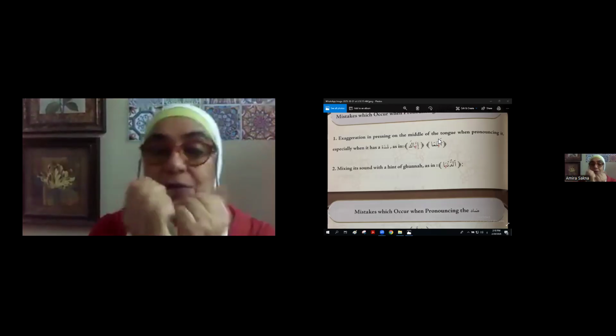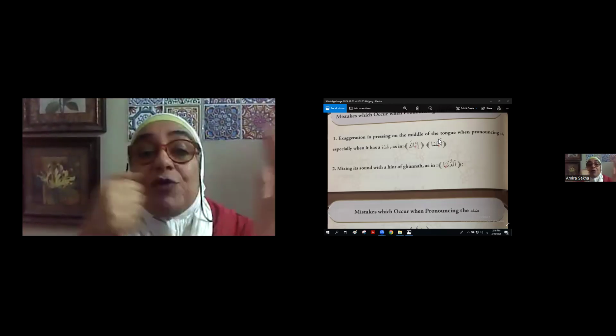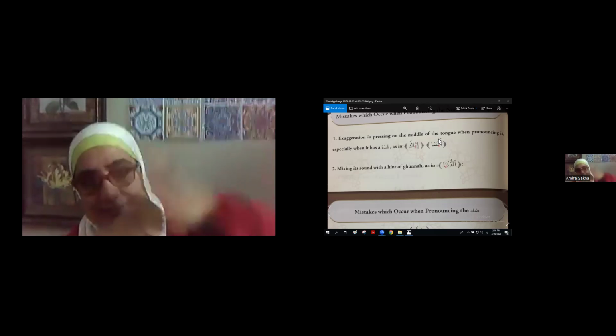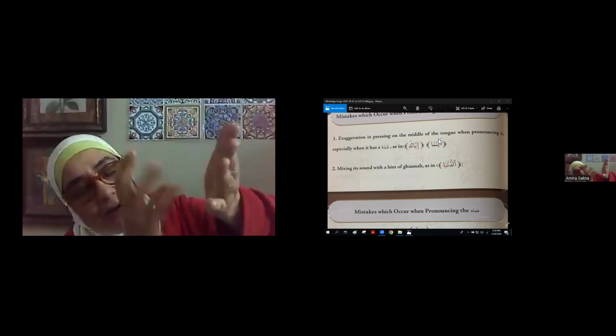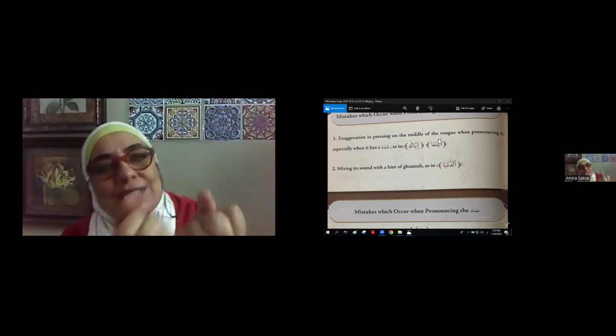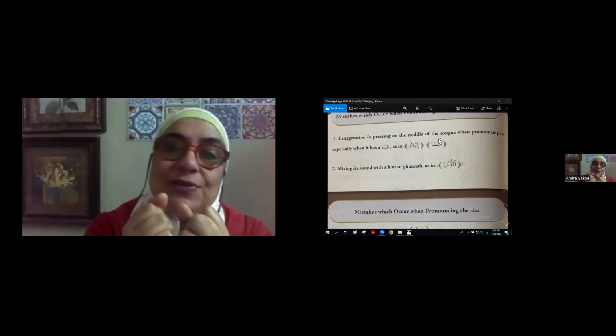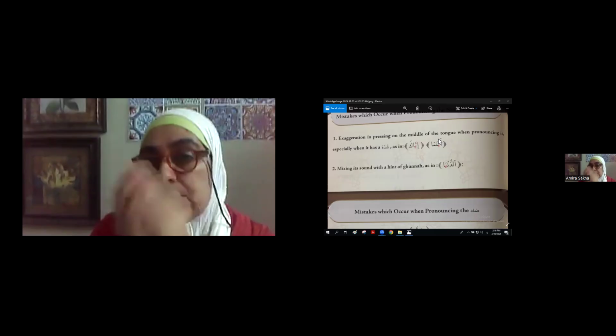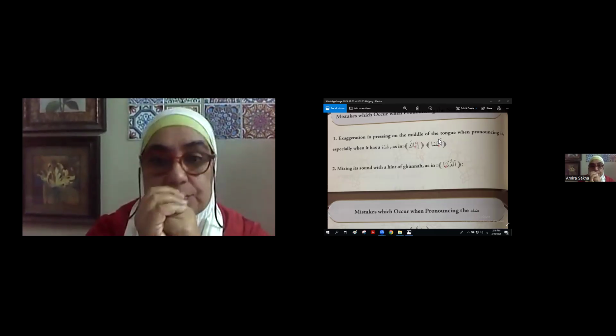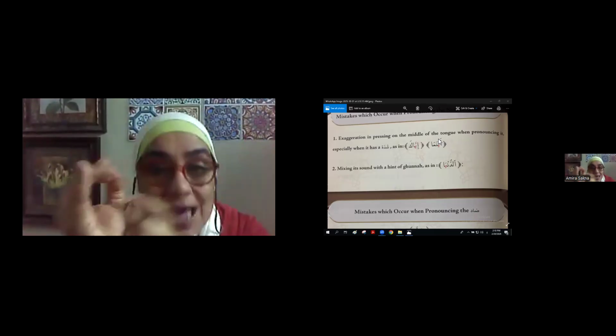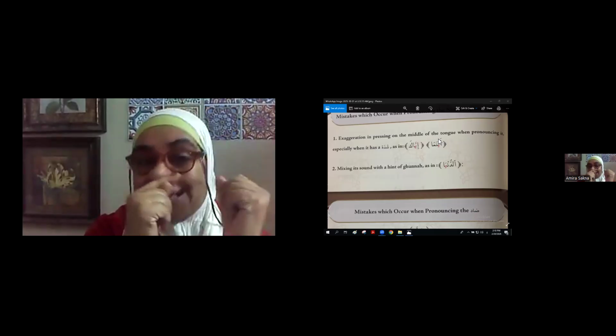If you are going to press here, you are going to change it into a shadid letter. You are going to change the ya from soft, loose, rakhwa into a shadid, strong letter. This is not correct. This happens especially when it has shadda.